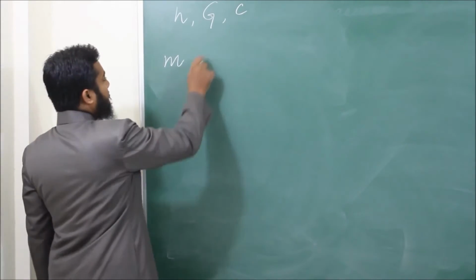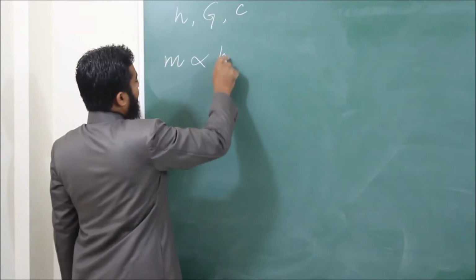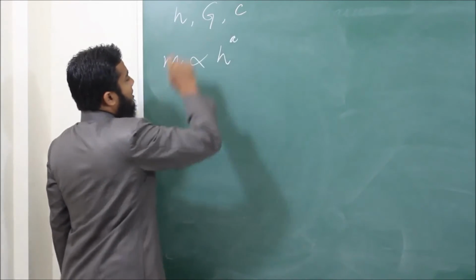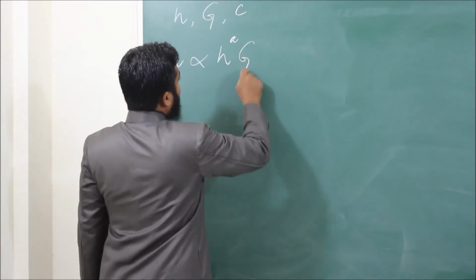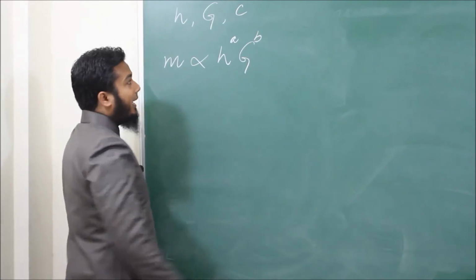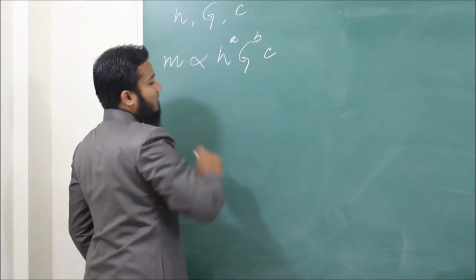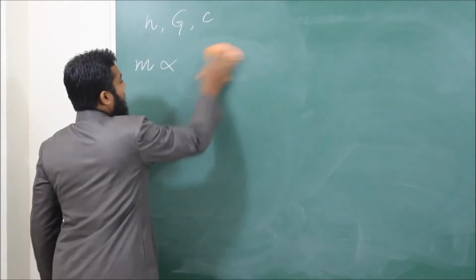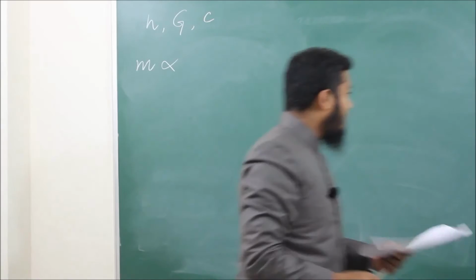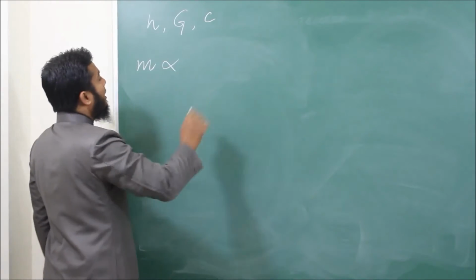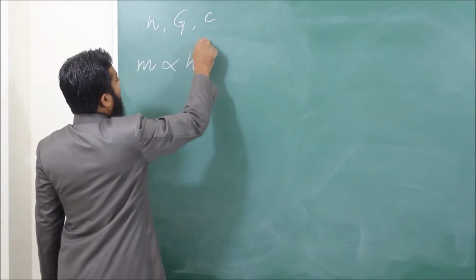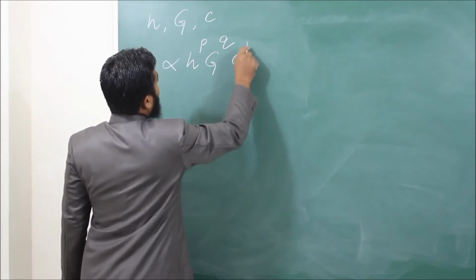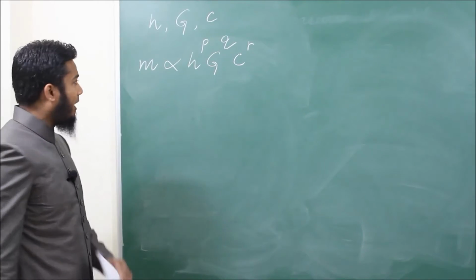So I will again make a guess, and I will say that m is directly proportional to h raised to the power some a, and G raised to the power some b, and c... okay, I shouldn't be using ABC because C is being used for speed of light. So let's write the exponents as h raised to the power p, and G raised to the power q, and c raised to the power r.